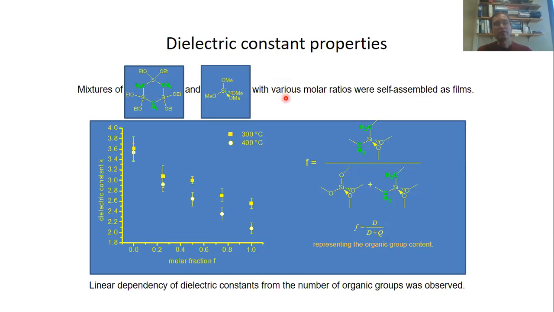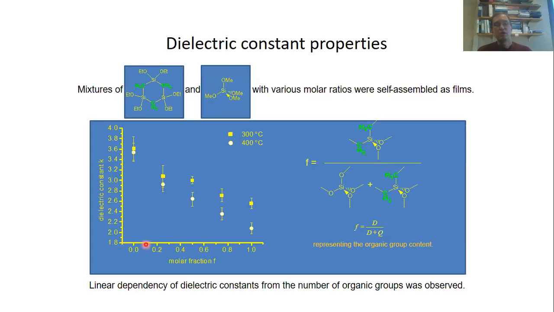So here on this slide, you see how the organic group content can actually influence the dielectric constant properties of a material. So you see here the dielectric constant K versus the molar fraction F of periodic mesoporous organosilicas, which are co-assembled from a mixture of the three-ring precursor and a completely inorganic precursor.